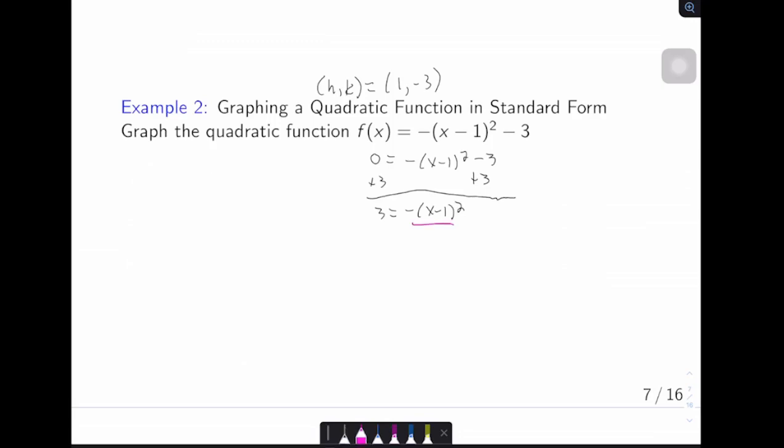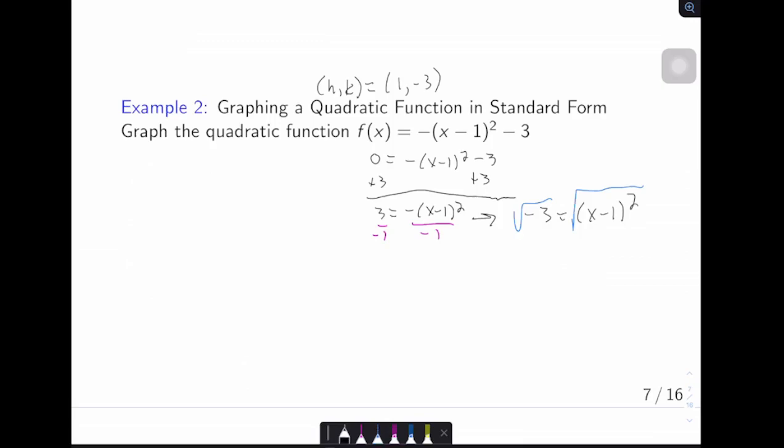Divide both sides by negative, we're going to get negative 3 is equal to x minus 1 squared. And here's where we're going to stop because we're not going to get a real solution here. So in this case, our graph will not be crossing our x-axis because we don't have any x-intercepts; they're not real, they're imaginary.